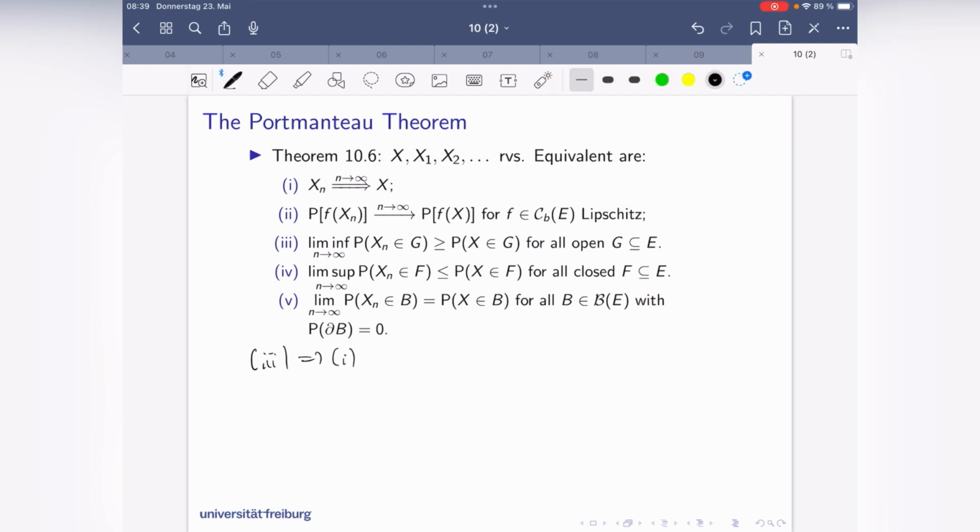So I take a bounded continuous function, which is non-negative, and bounded by some c. That's actually enough because I can always take the positive part of f and the negative part of f, and if they converge separately, then I can also combine the convergences. So taking such an f is general enough.